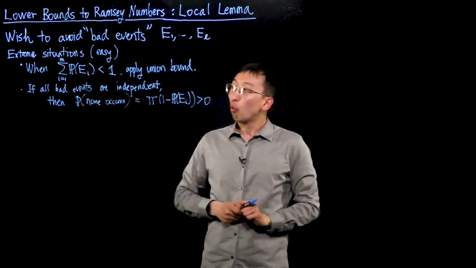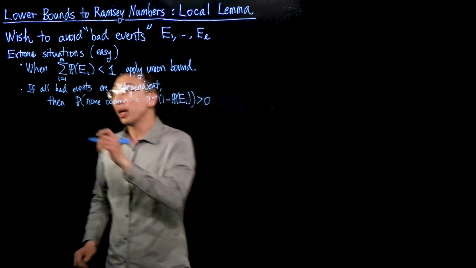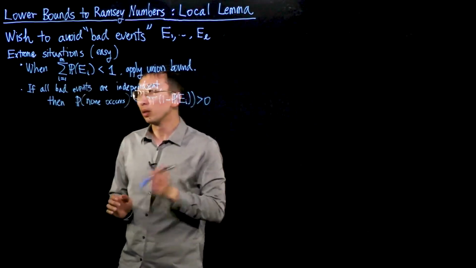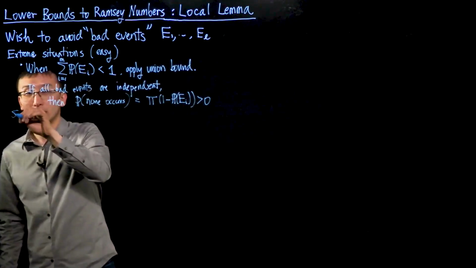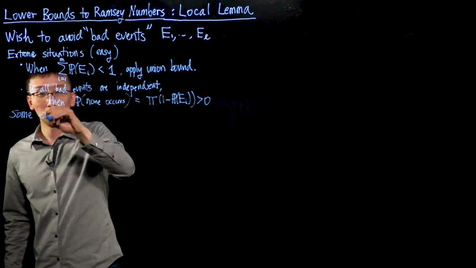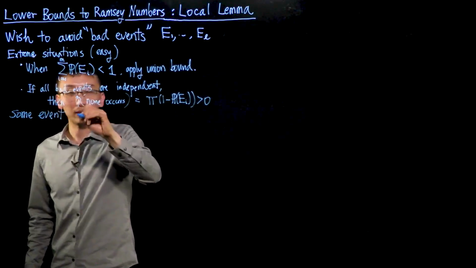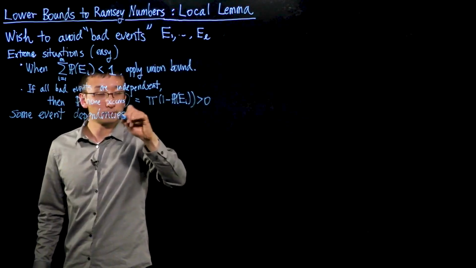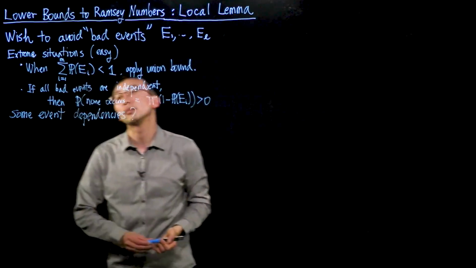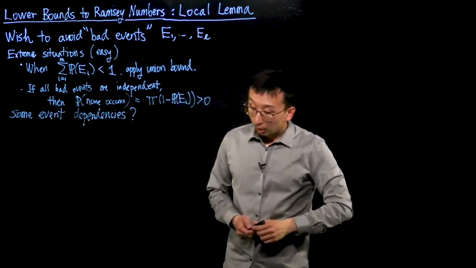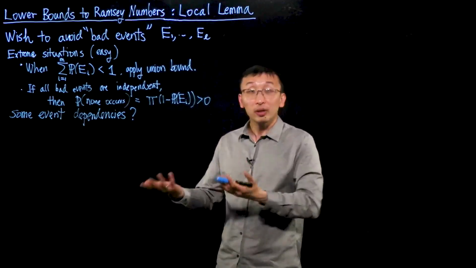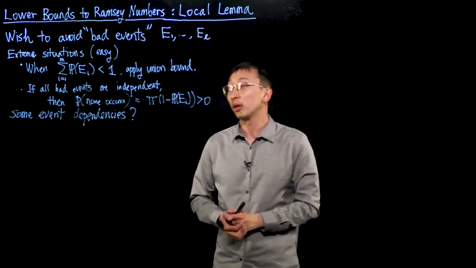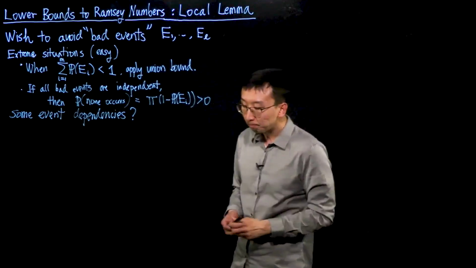So what we're often dealing with is situations where there are some event dependencies. And often these are the hardest and most interesting situations that one has to deal with in the probabilistic method.